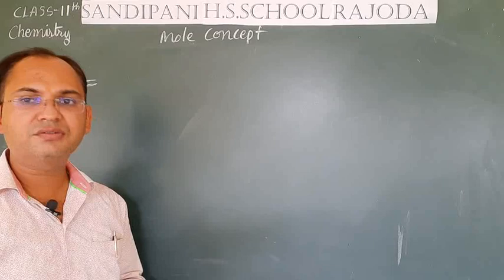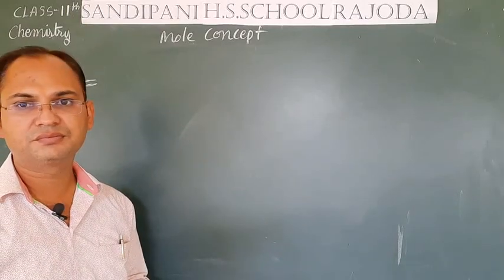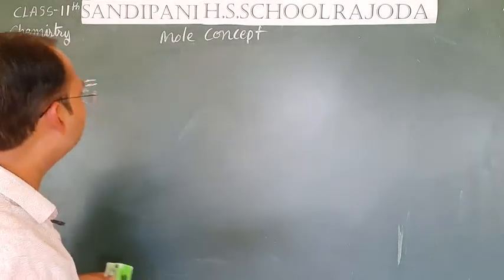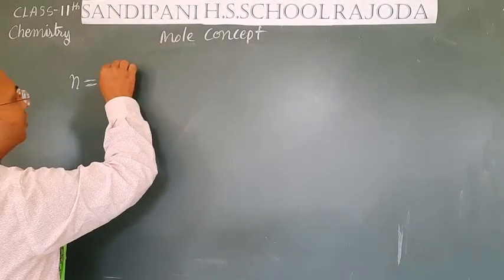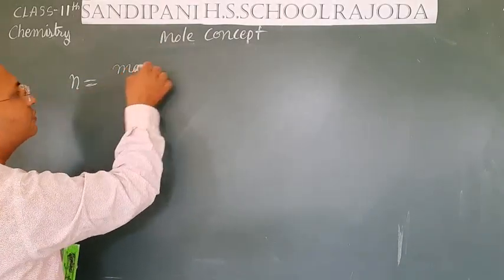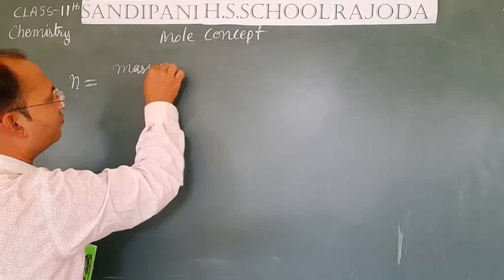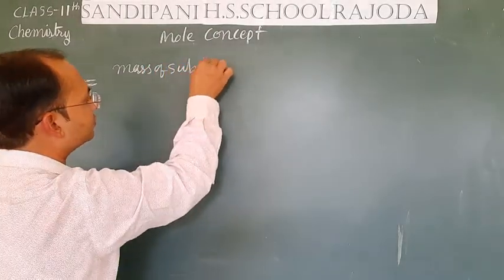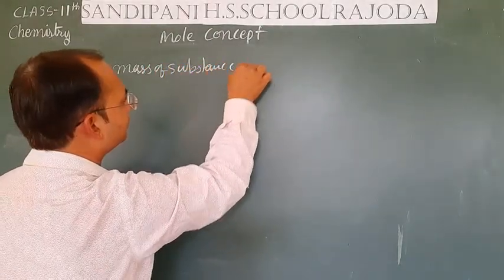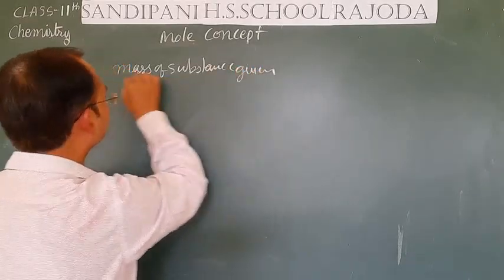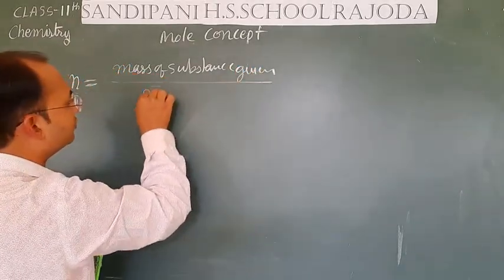If the mass of the substance is given, then the number of moles is equal to the mass of the substance given upon its molar mass.